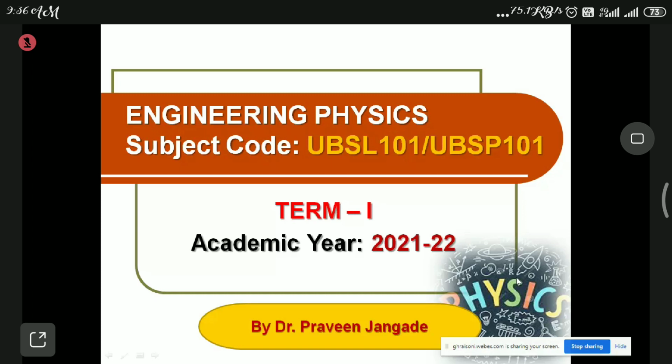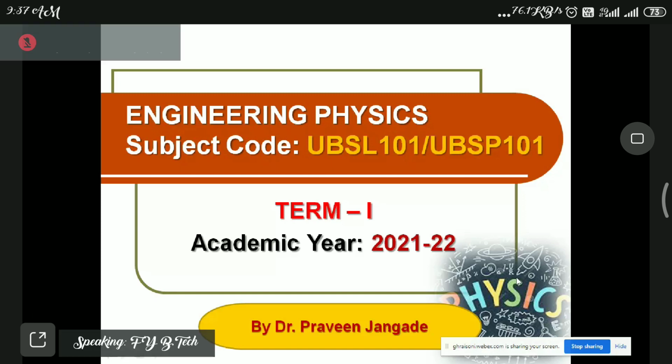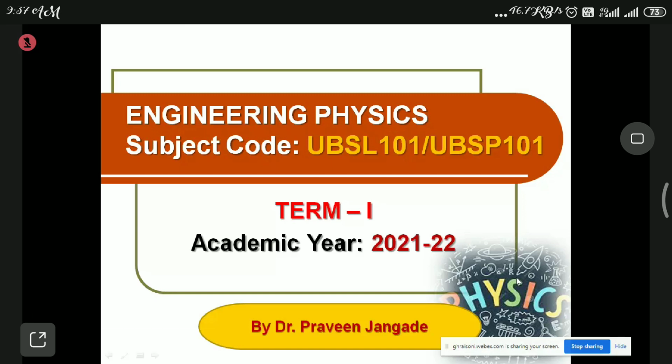While uploading this fee receipt, you have to upload the entire fee receipt, whichever is applicable to you. Suppose OBC category, it was 83,000 something. That entire receipt you have to upload, it may be two receipts, but with the entire fees.